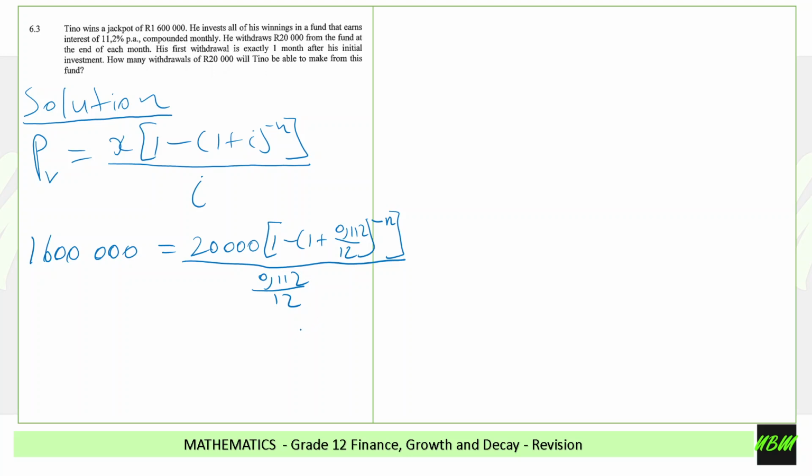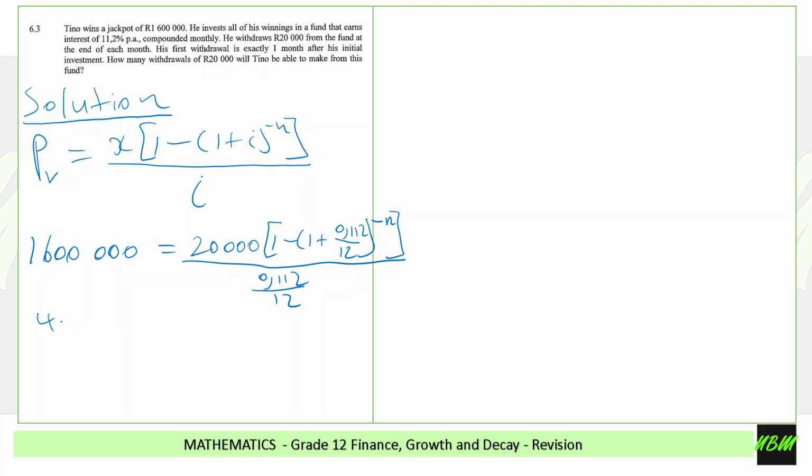So now we have to solve for n. Let's start first by multiplying both sides by i, which is 0.112 divided by 12. So 1,600,000 times 0.112 divided by 12. I'm going to write it as a fraction. Or if you write it as a decimal, remember, write it in full. We only round the final answer.